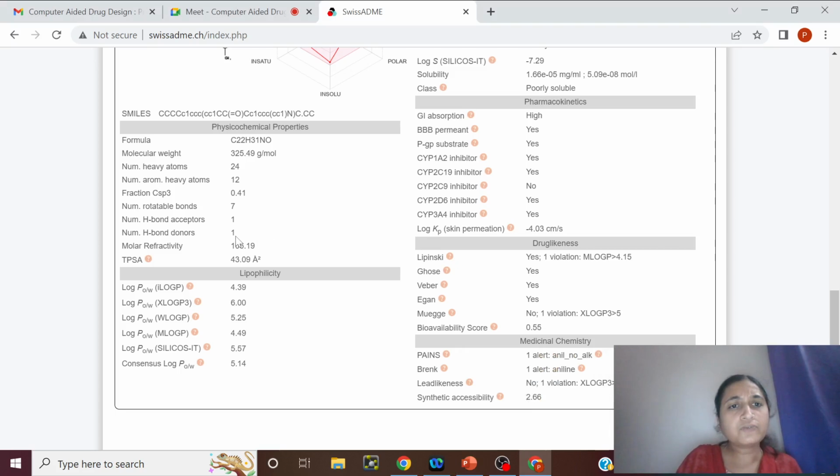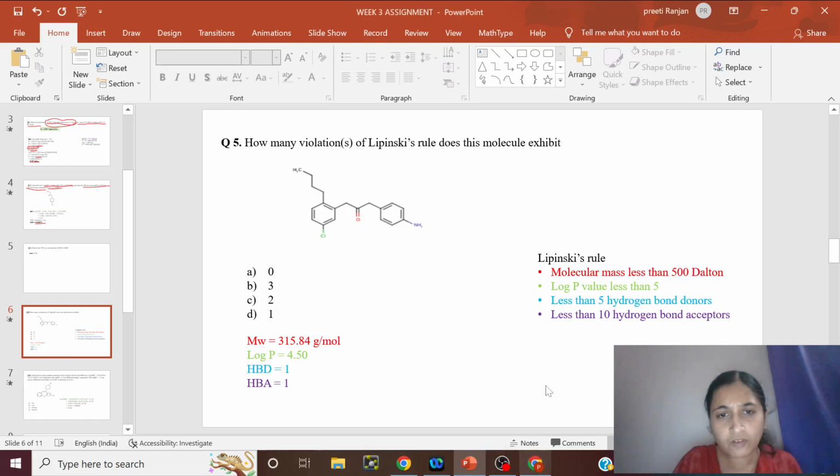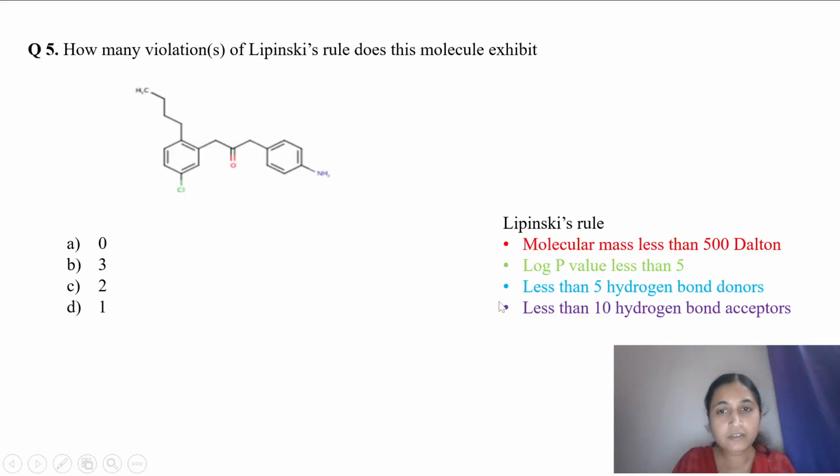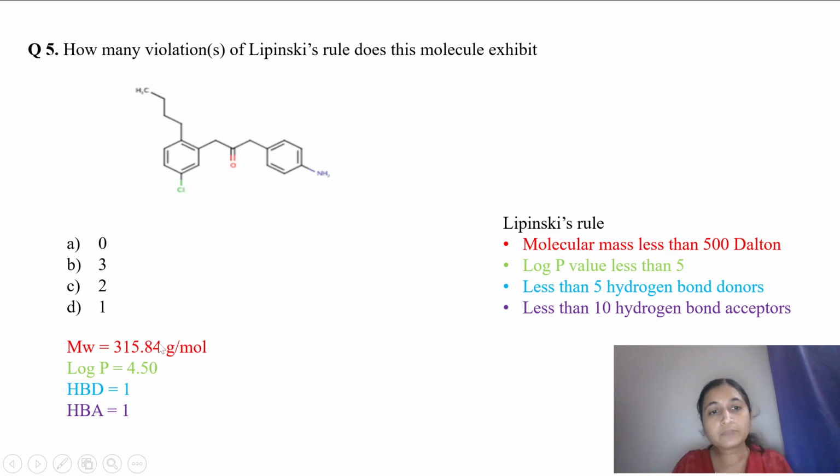Hydrogen bond donor is 1 and hydrogen bond acceptor is also 1, right? So it follows the Lipinski rule: molecular mass is less than 500 Dalton, log p value is also less than 5, hydrogen bond donor is less than 5, and hydrogen bond acceptor is also less than 10. So there is no violation of Lipinski rule, so the answer will be A.